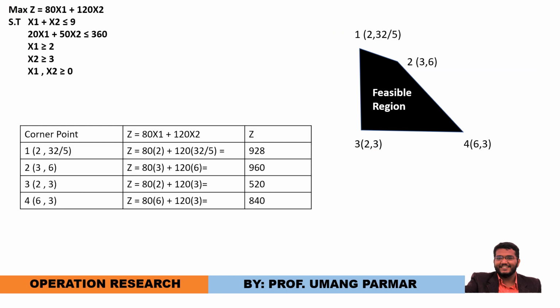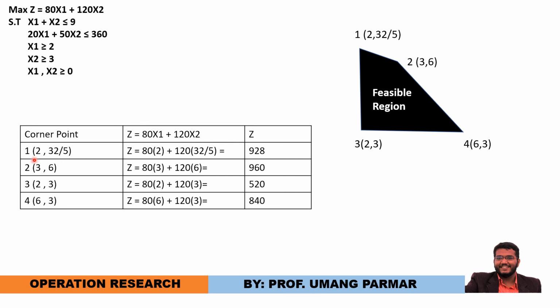Now we are mentioning our corner points, the first, second, third and fourth points, their x1 and x2 coordinates, and I am mentioning the value of z here. Our z function is equal to 80 times x1 plus 120 times x2.